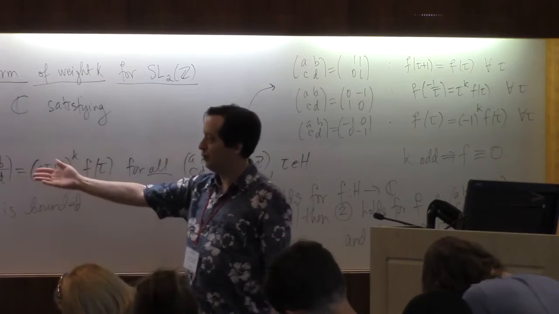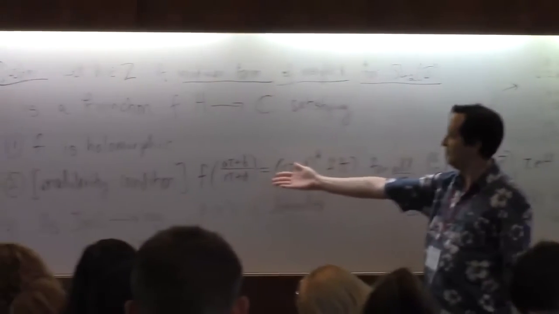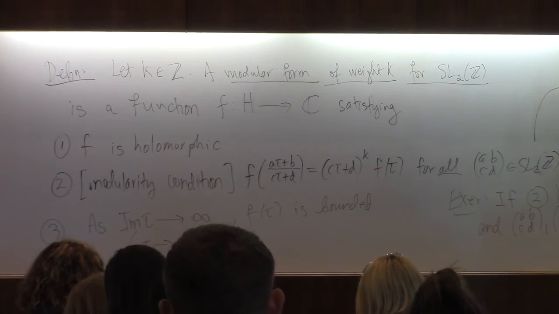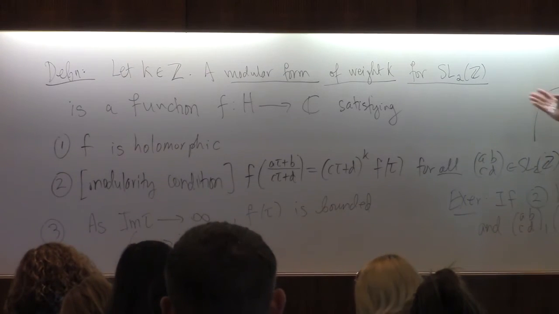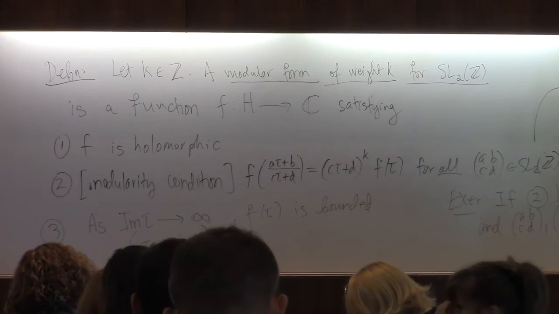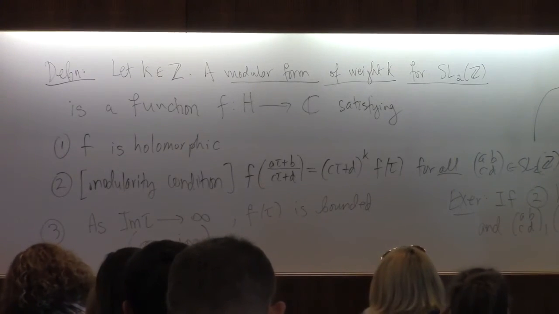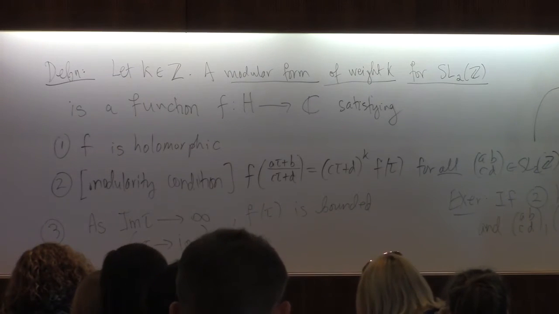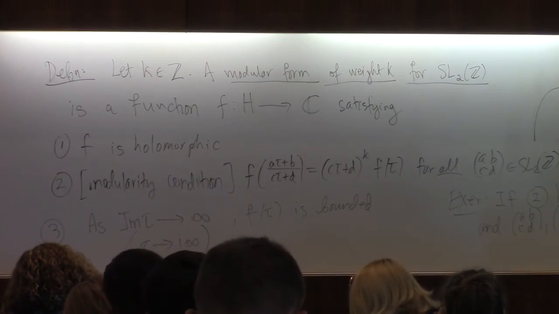For example, the identity 1001 always works. Not so interesting, but what it means then is if this group has some known generators, you actually only have to check this condition for the generators, and it automatically works for their products and inverses and things like that.